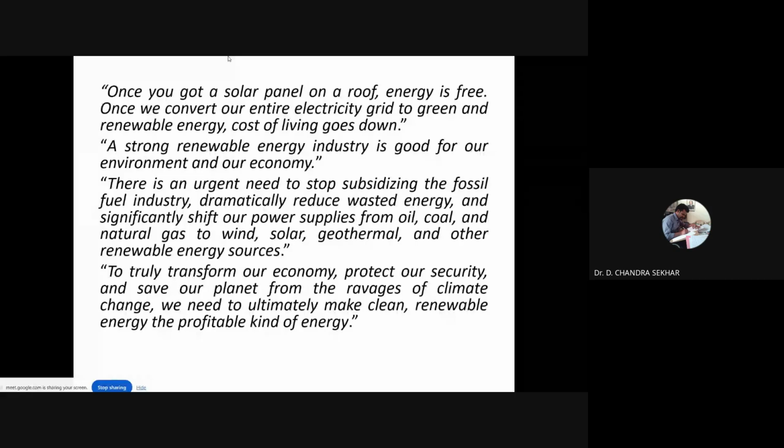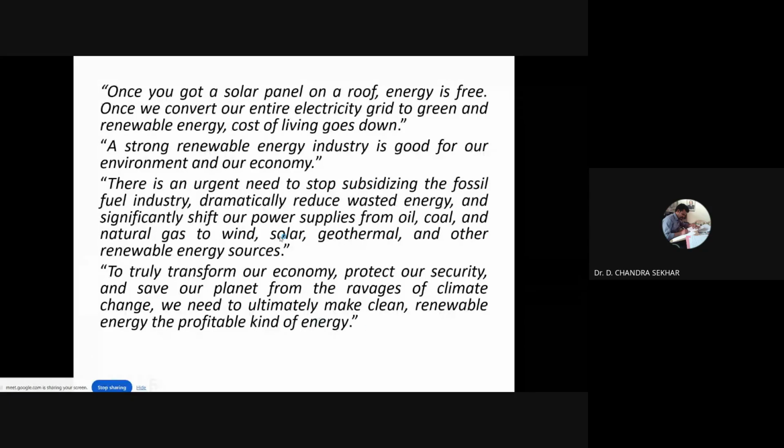A strong renewable energy industry is good for our environment and our economy. With the polluted grids, we know how much pollution there is with thermal power plants, and how much loss there is per generation, and how much time it takes to build thermal or nuclear power plants as compared with solar.